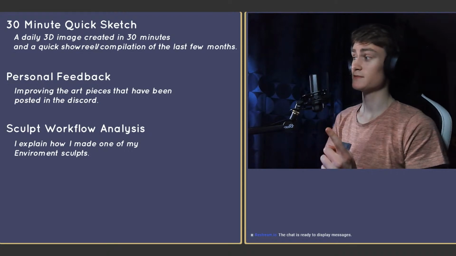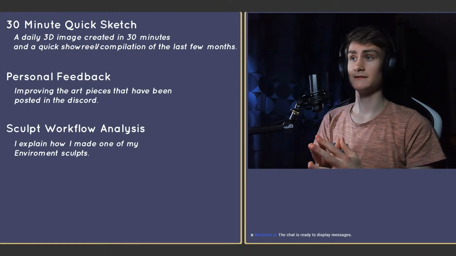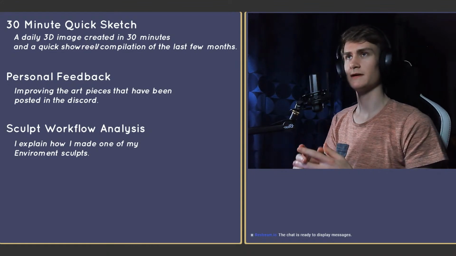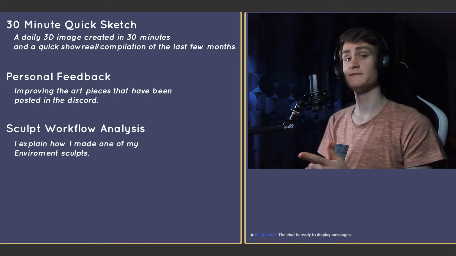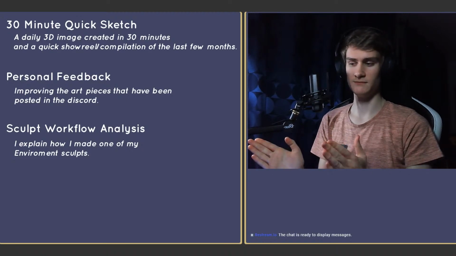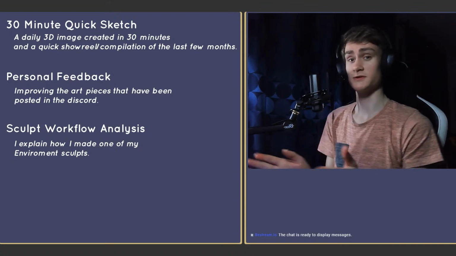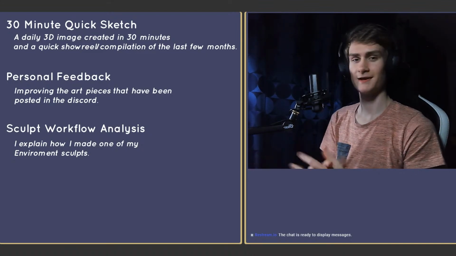And there was one question that has been posted, about the most recent video that I posted, going over how I turn a 2D image into a 3D model using the sculpting tools.